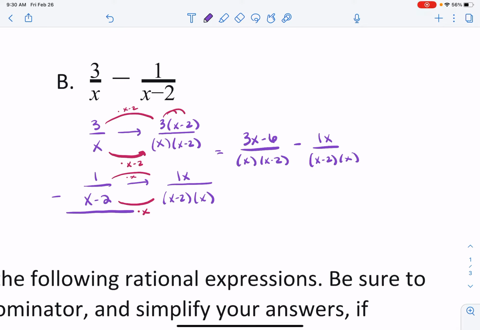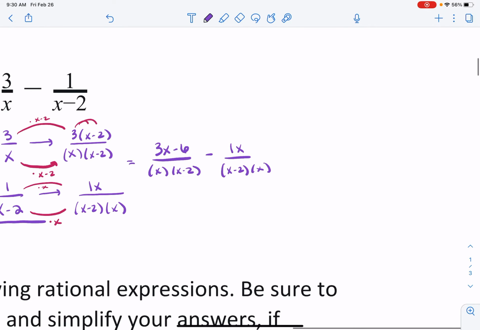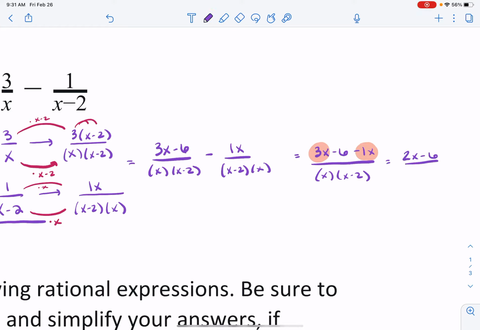And so now I can combine the denominators. So we've just got 3x minus 6 minus 1x over x times x minus 2. Combine our like terms here. We've got 3x minus 1x. So that becomes 2x minus 6 over x times x minus 2.